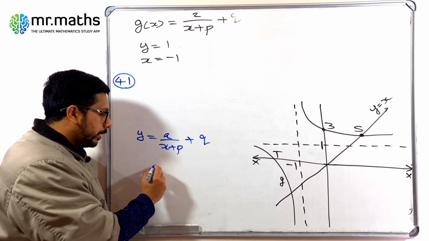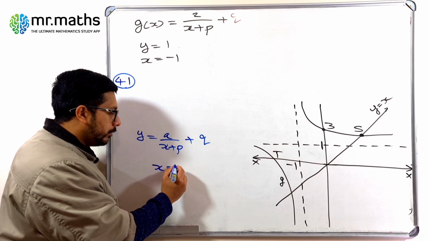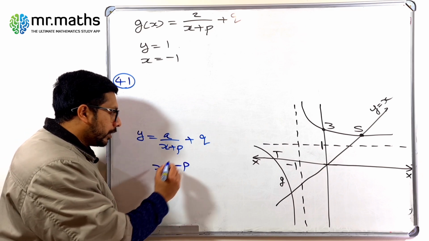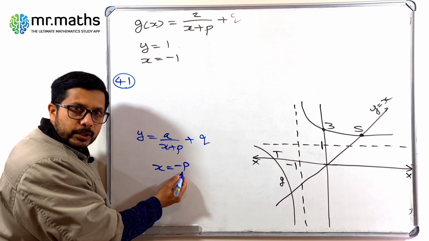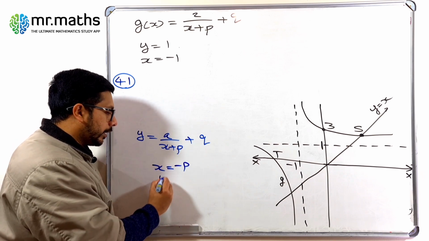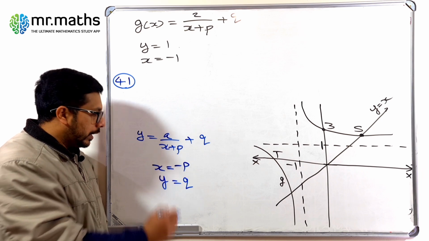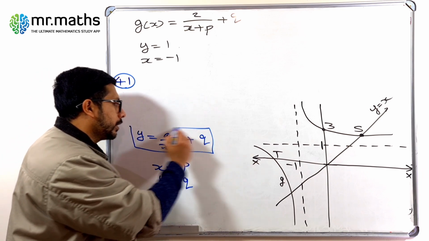If here it is plus p, then you have to write the asymptote as x is equal to minus p, and if here it is minus p, then you write plus p. Just the opposite of what is here. The second asymptote is y is equal to q. So these are the asymptotes of this hyperbola if the general equation is like this.